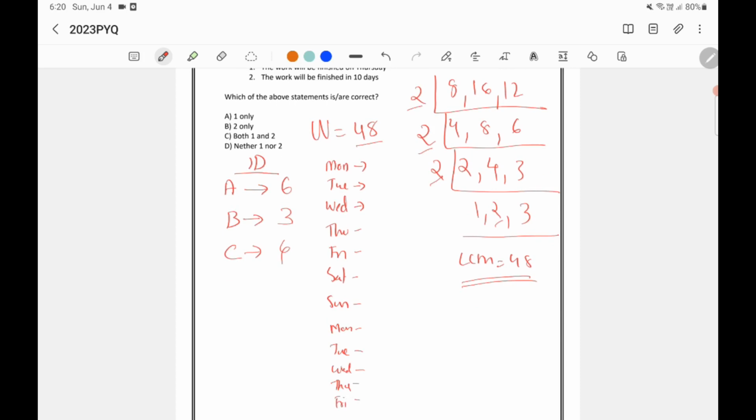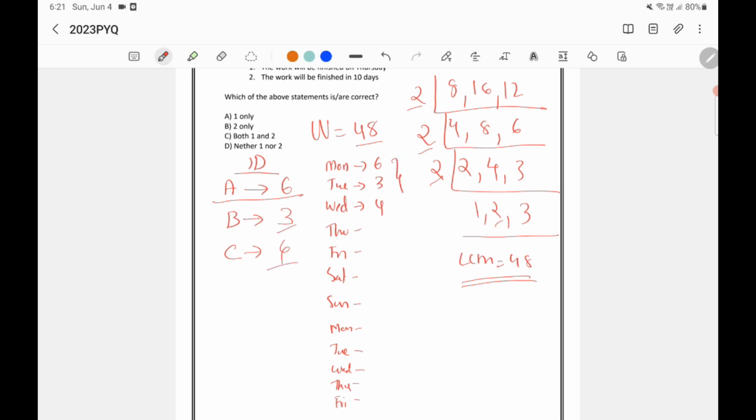So now let's see. On the first day, A is working, so 6 work will be completed because A in one day does 6 work. On the second day, Tuesday, B works, so B will complete 3 work. On Wednesday, C works, so C will complete 4 work.